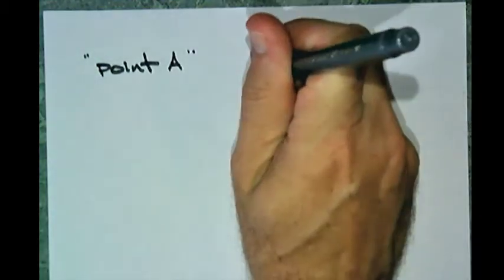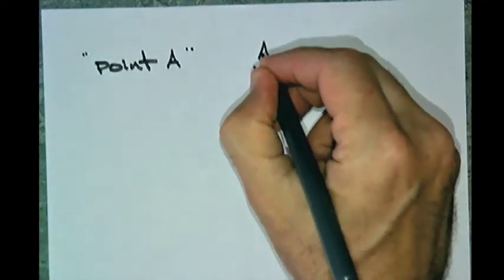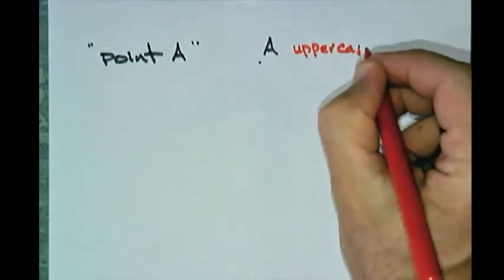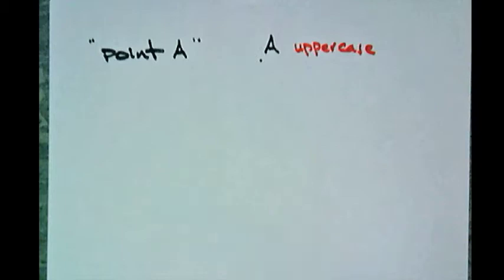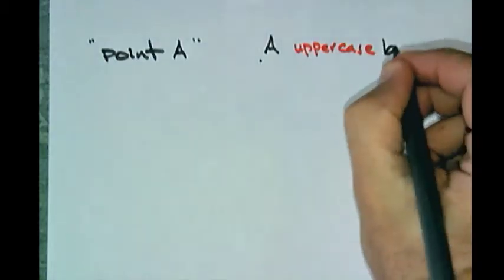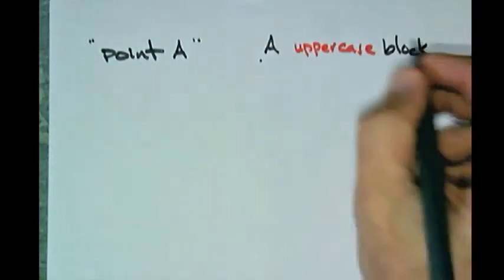As I speak, I'm speaking of point A. A point is nothing more than a dot, and if I want to label it, I am going to label it with an uppercase block letter.